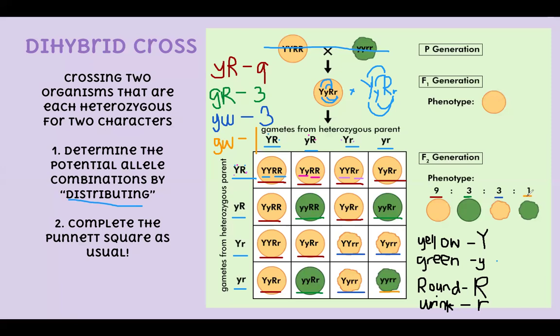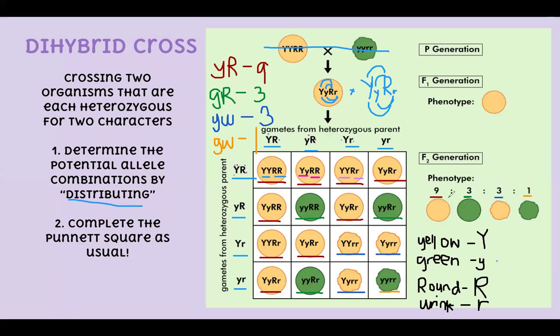So the resulting phenotype ratio is 9 to 3 to 3 to 1. And this ratio is like the golden ratio of a true dihybrid cross. Every single time you cross something that is double heterozygous with something that is also double heterozygous, you will always get this ratio. If the parents are not both double heterozygous, you will not get this ratio.